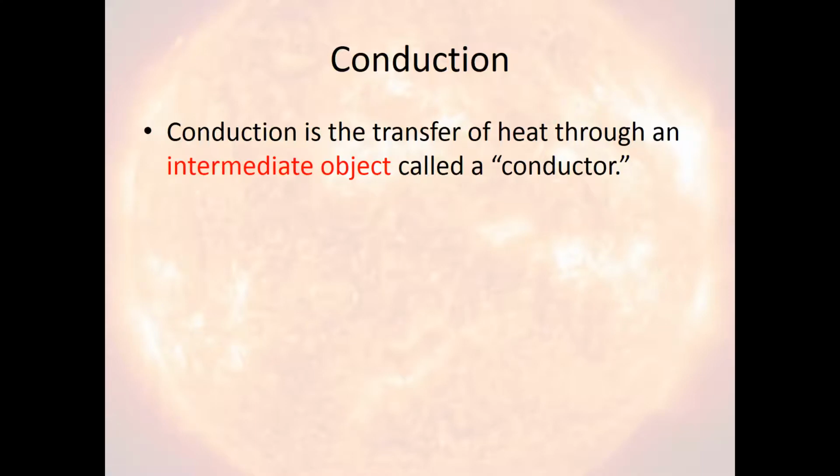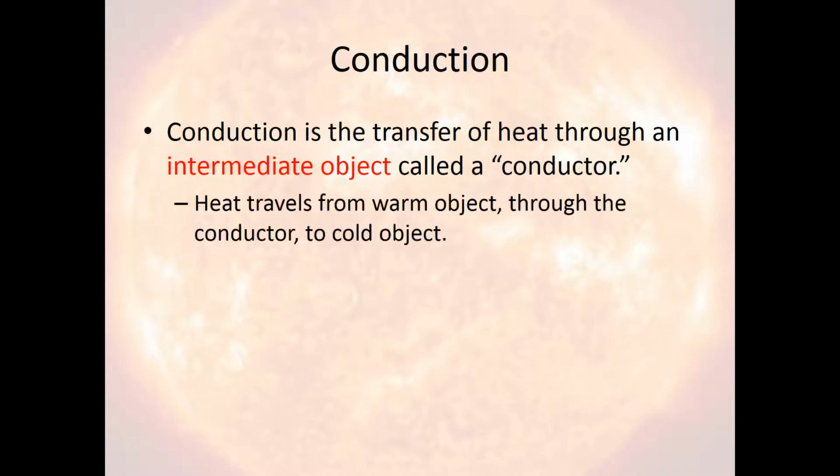Heat is going to transfer from your hand through that intermediate to the other object. That is conduction. Heat transferring through an intermediate object called a conductor. And so that's what conduction is. Heat travels from the warm object through the conductor to the cold object.